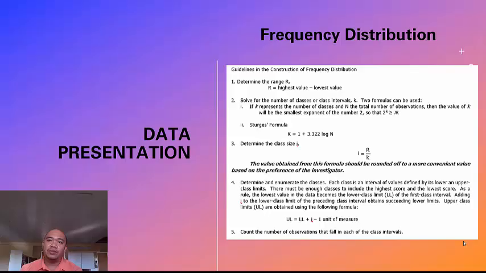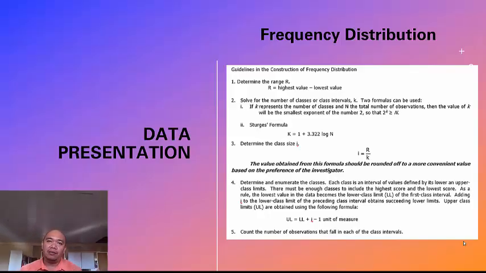And then we have also the Sturges formula. The Sturges formula is defined as k is equal to 1 plus 3.322 log of n. So those are the two approaches in finding or selecting the value of k.